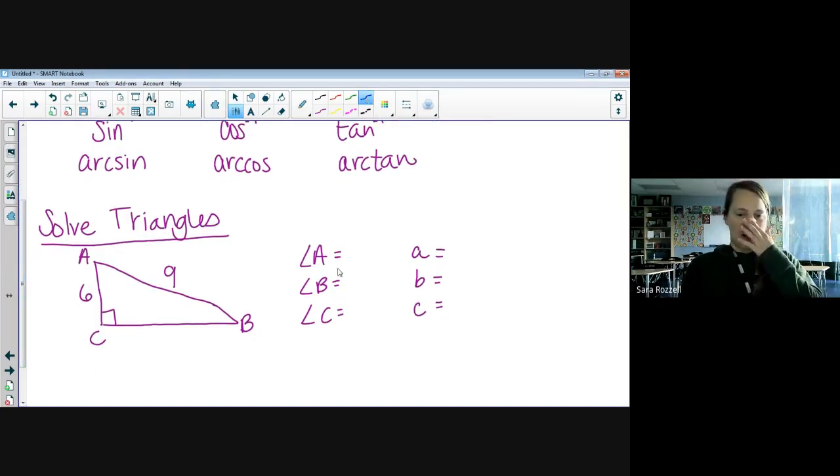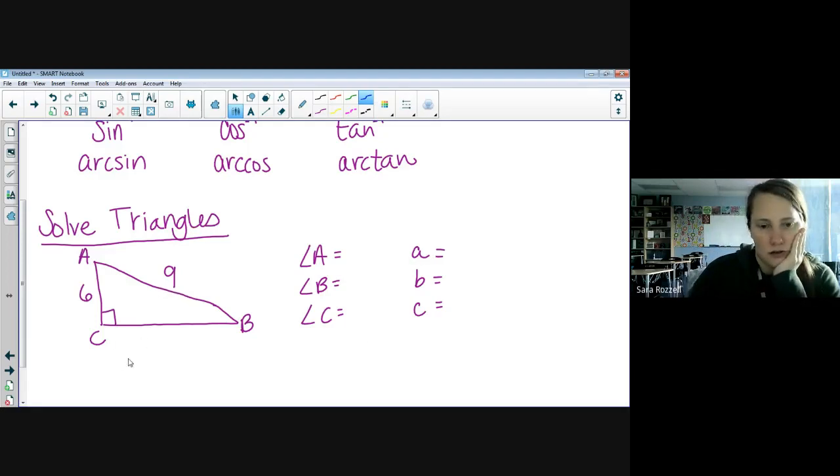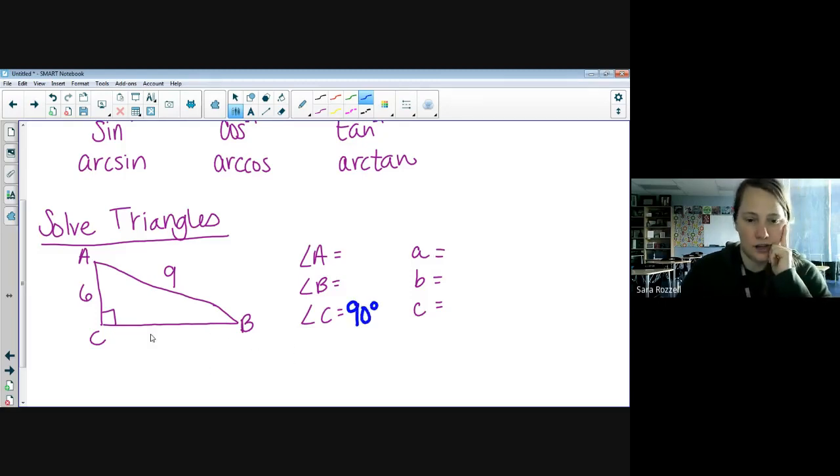Go ahead and fill out everything that you already know that they gave to us. So we know C is 90 degrees. Little c is 9. Little b is 6.